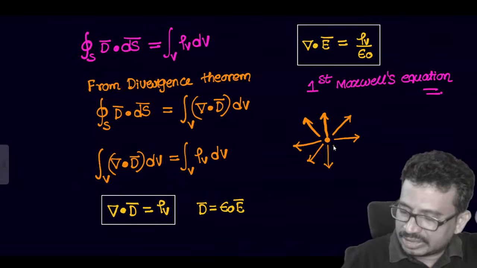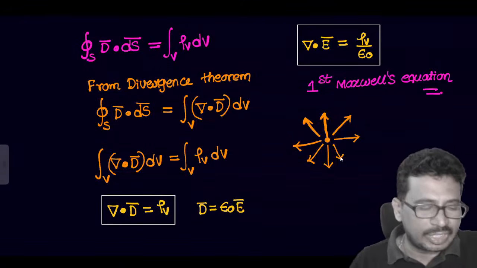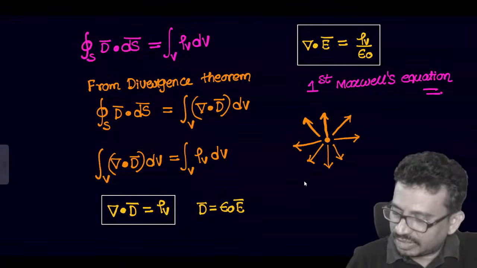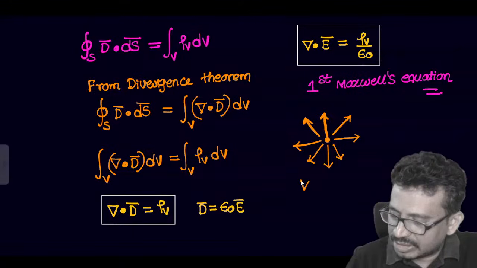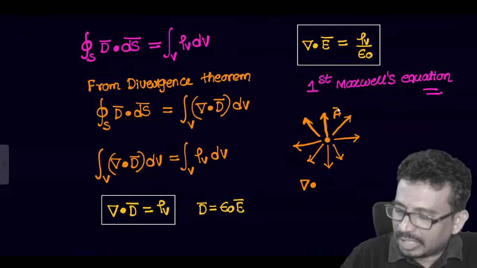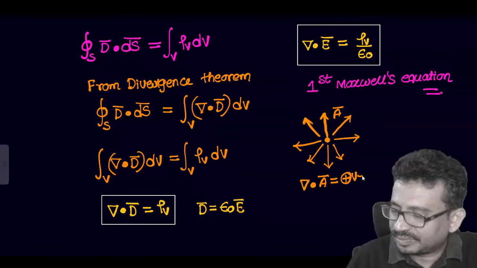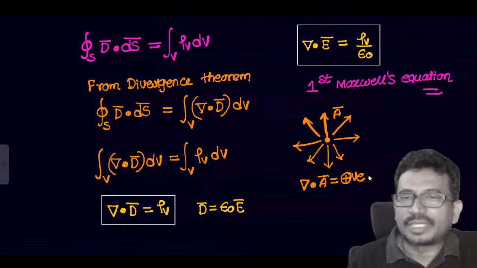So here is the spread. In this case we have the divergence of this vector. If I call this vector A bar, the divergence of this vector at this location is positive.